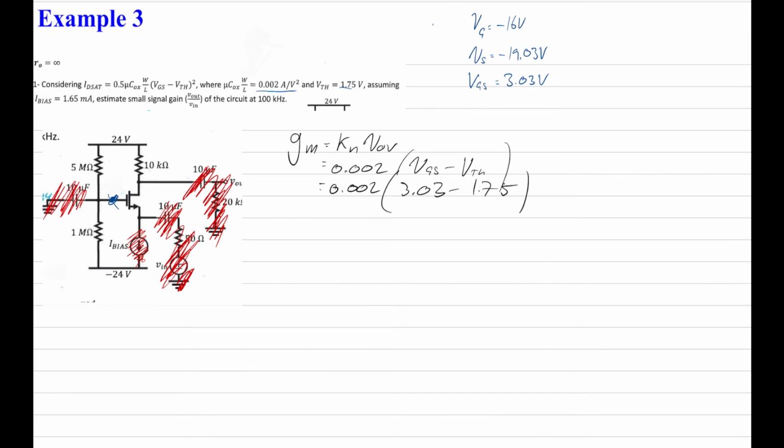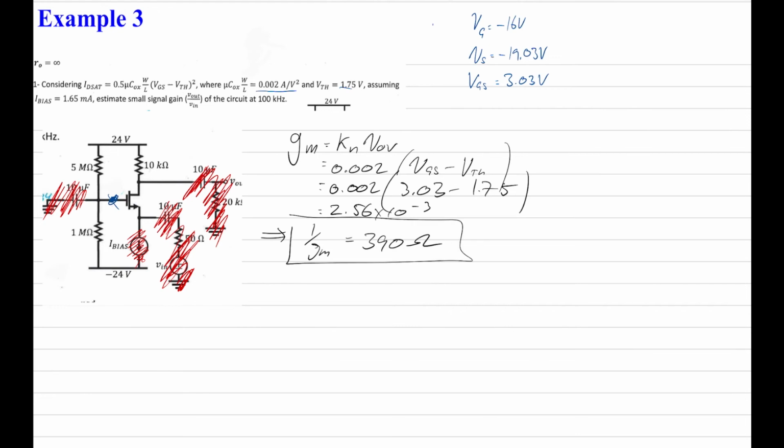So 3.03 minus 1.75 times 0.002 gives us 2.56 times 10 to the minus 3. And therefore we can say that 1 over gm, which is really the resistance that we're going to need, is going to be 390 ohms.